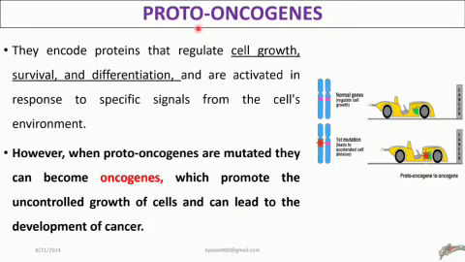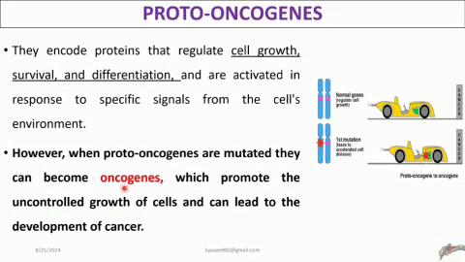As I have mentioned, the proto-oncogenes encode proteins that allow the cell to go through the cell cycle, leading to cell growth, cell survival, and differentiation. Unfortunately, these proto-oncogenes can become mutated, and once they are mutated, they become oncogenes.